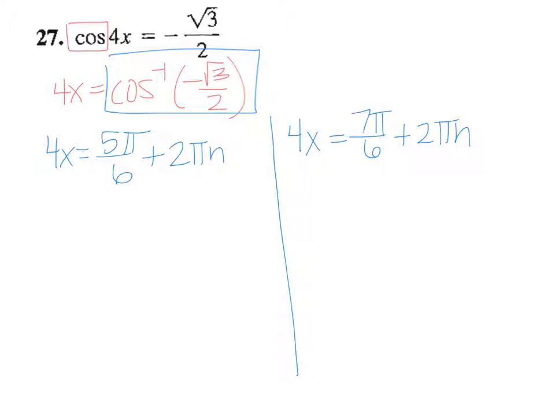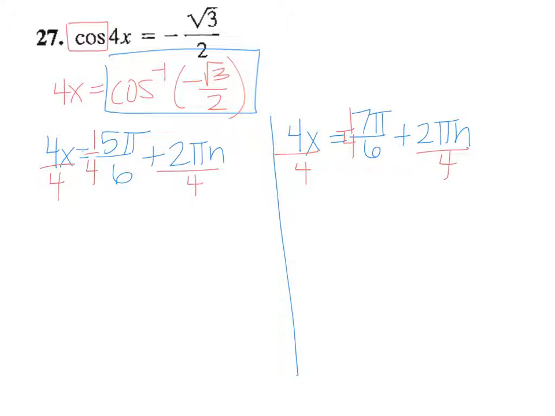Alright, hopefully you're with me so far. Next step is to divide by 4. Next to the fraction, I suggest multiplying by a fourth instead of dividing by 4. And then you also have to divide the 2 pi n by 4 as well. We're going to do the same thing on this side, times a fourth, divide by 4.